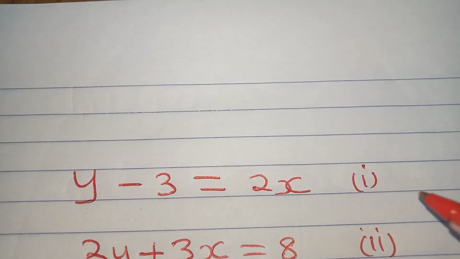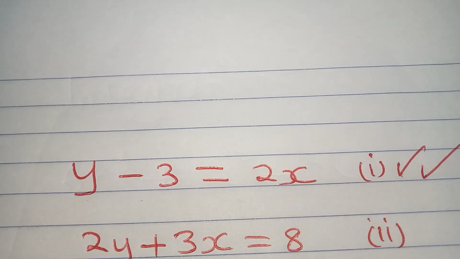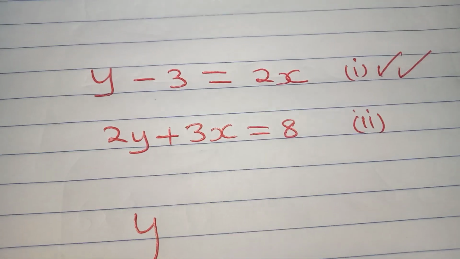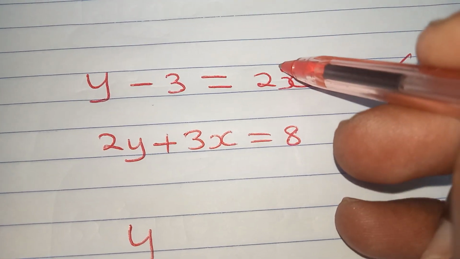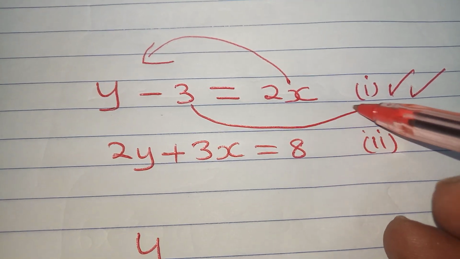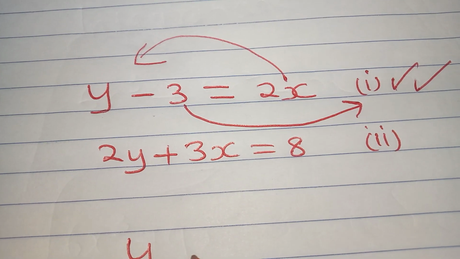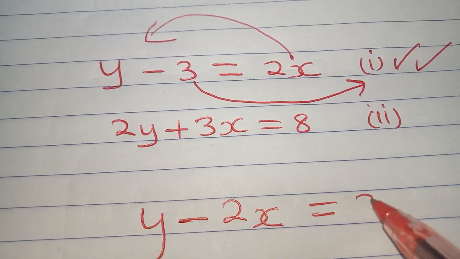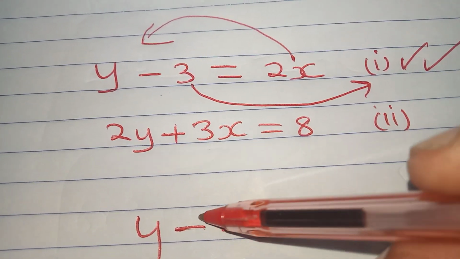So you can rewrite the first equation. I can take the 2x to this side and take the constant, which is negative 3, to the other side. So I'll have, at the end of the day, y less 2x is equivalent to 3. Why do I say less 2x?